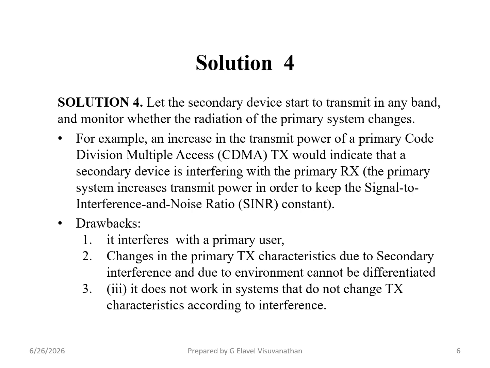Because even though we are going to use CDMA, we are going for interference as well as signal to noise ratio. Challenge: the primary transmitter characteristics changing due to secondary interference and due to environment cannot be differentiated.